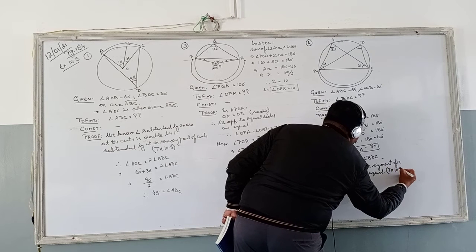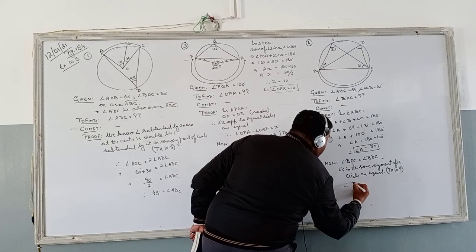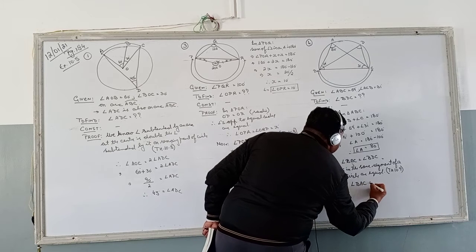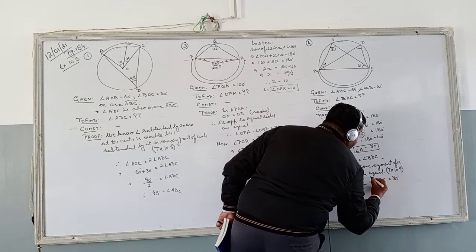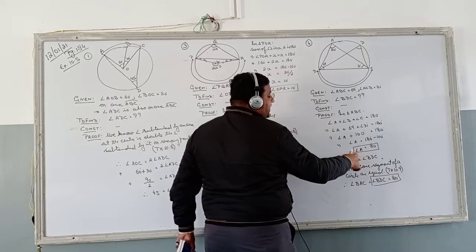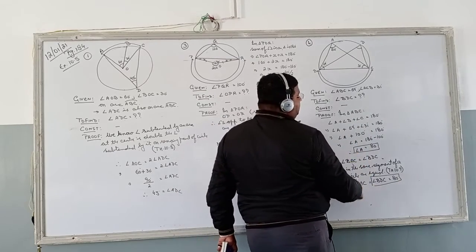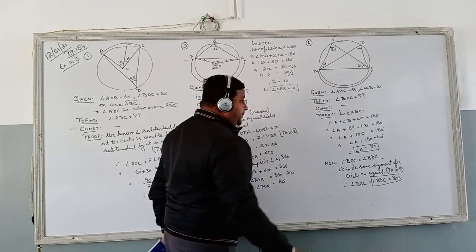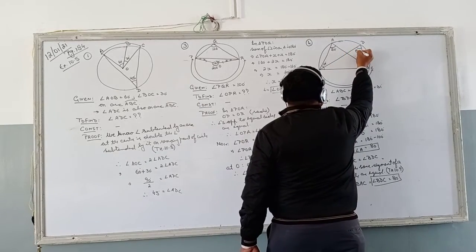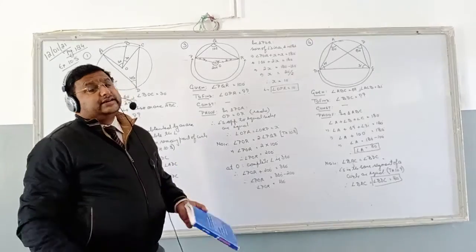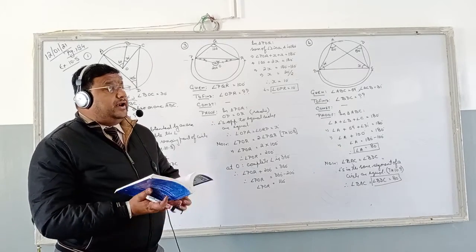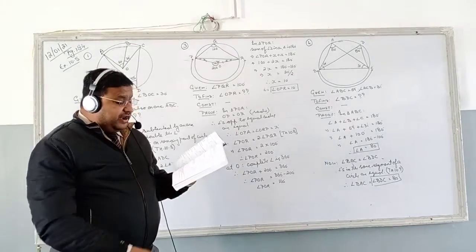Theorem number 10.9. So therefore, angle BAC is equal to angle BDC, which is equal to how much? 80, because angle A, that is angle BAC, is 80. So if this angle is 80, this is also 80. Yesterday we proved it. Students, questions are not difficult, only you have to observe them very carefully.